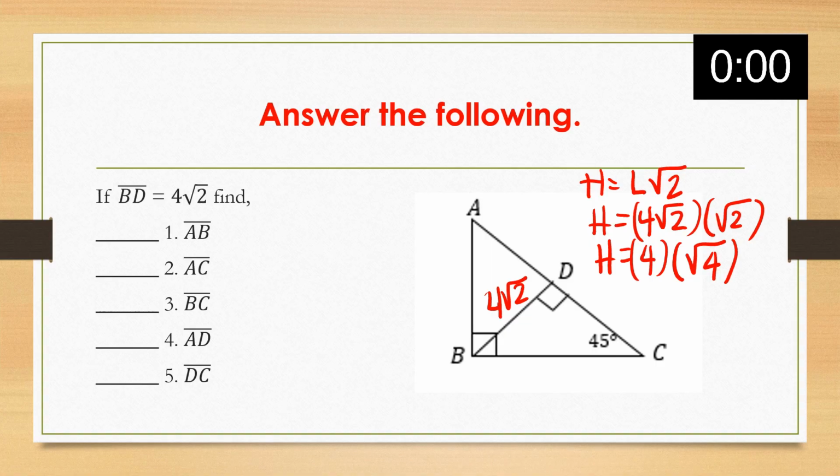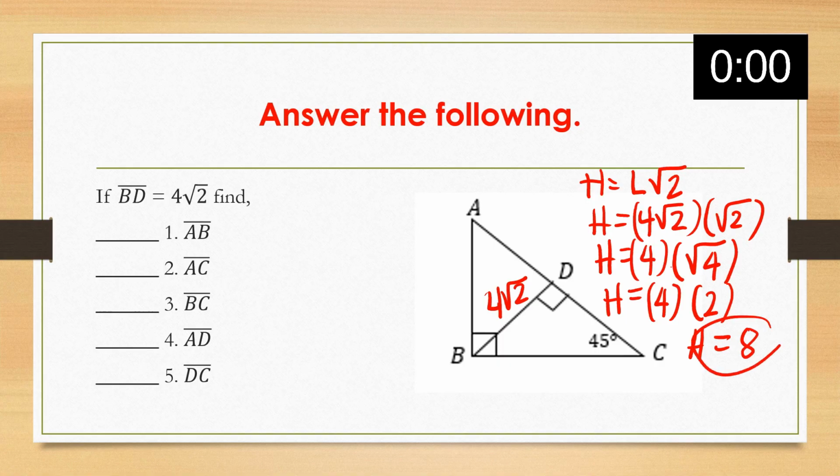So we have hypotenuse is equal to 4 times 2, and the hypotenuse now is equal to 8. Therefore, line segment AB is equal to 8. Did you get it? Very good.